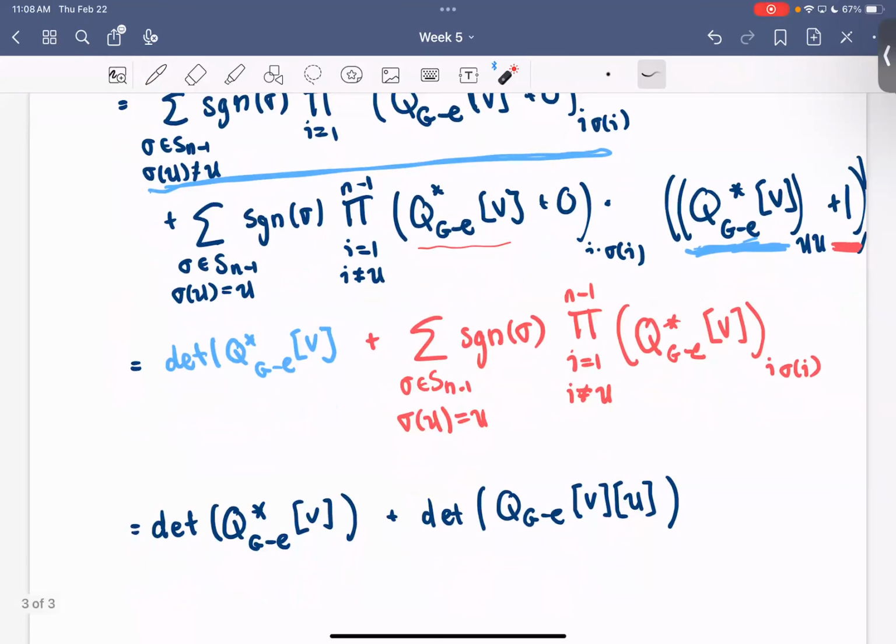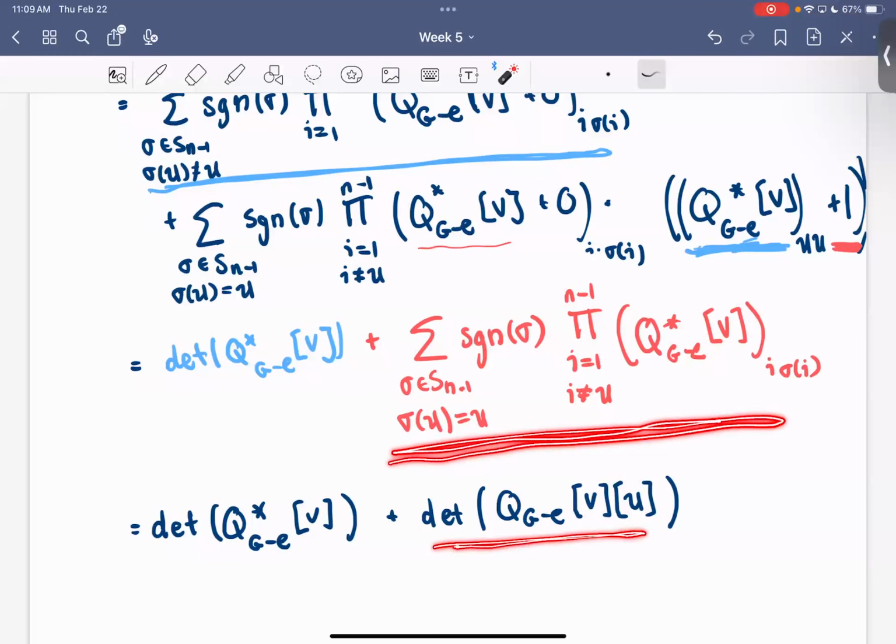Okay, so now all that's left to do, so this part, oh, I forgot a parenthesis. So this part equals this part. Now all that's left to do is convince ourselves that what is written here is equal to this. Do we see why that's true?